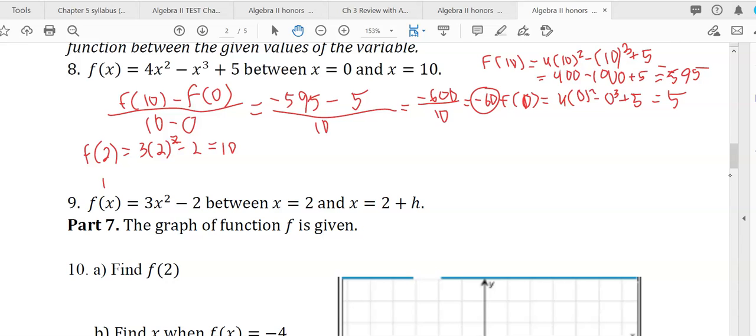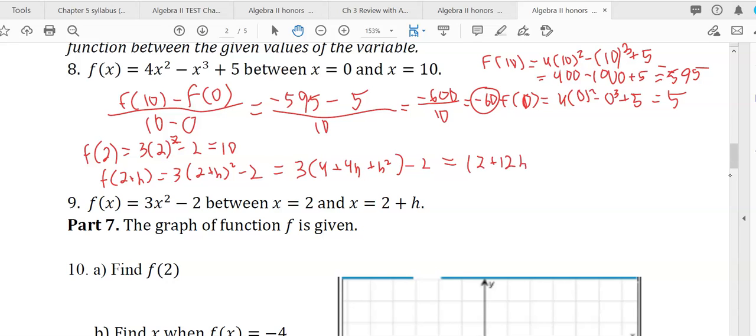And then f of 2 plus h equals 3 times (2 plus h) squared minus 2, which is 3 times, let's FOIL 2 plus h, so that would be 4 plus 2h plus 2h is 4h plus h squared minus 2, which if I distribute is 12 plus 12h plus 3h squared minus 2.